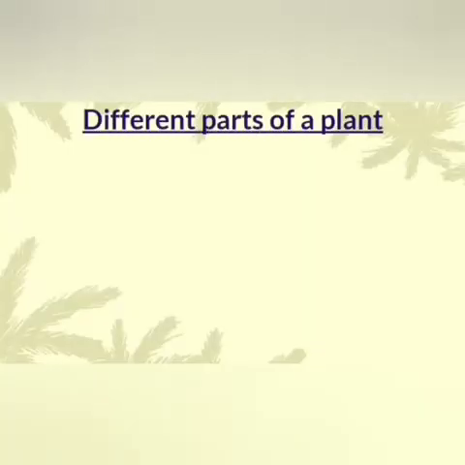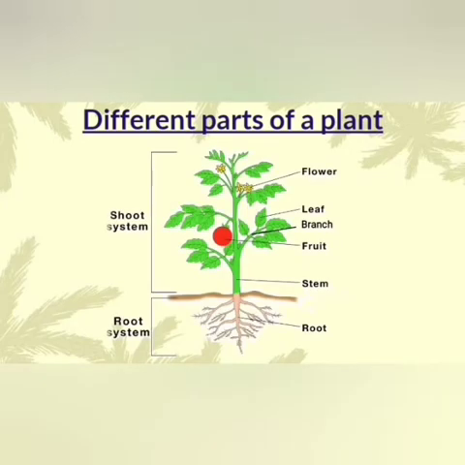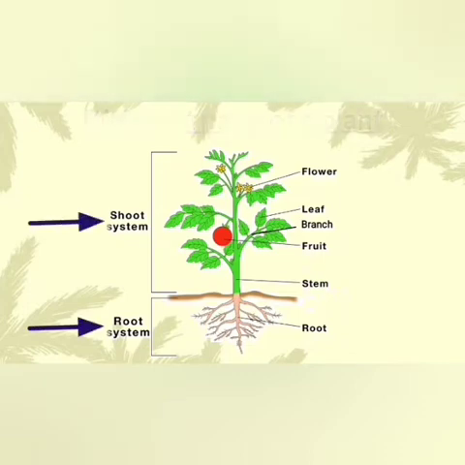Now, let's learn about the different parts of a plant. Just like us, a plant also has different body parts. Each part has its own function. Look at the picture. A plant is divided into two main parts. They are the root system and the shoot system.